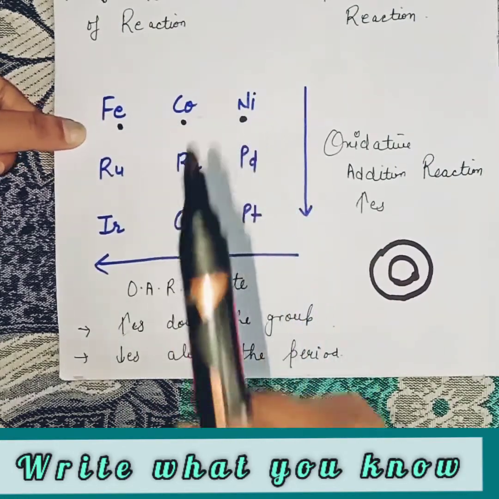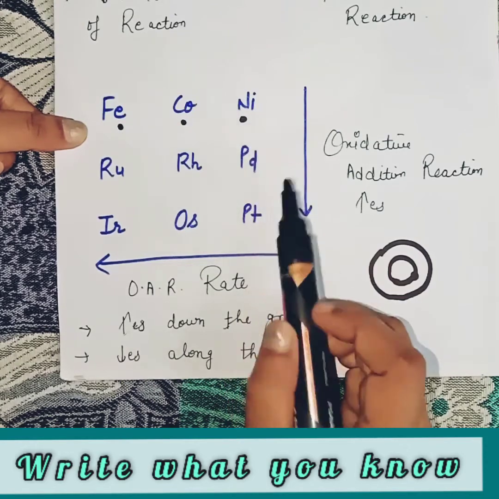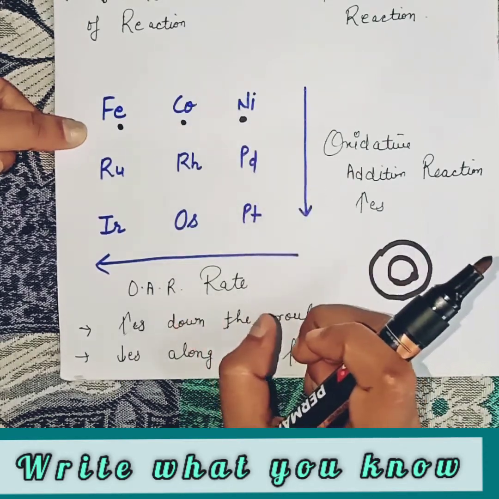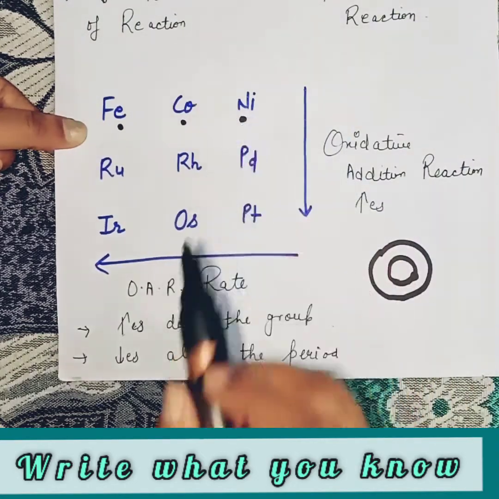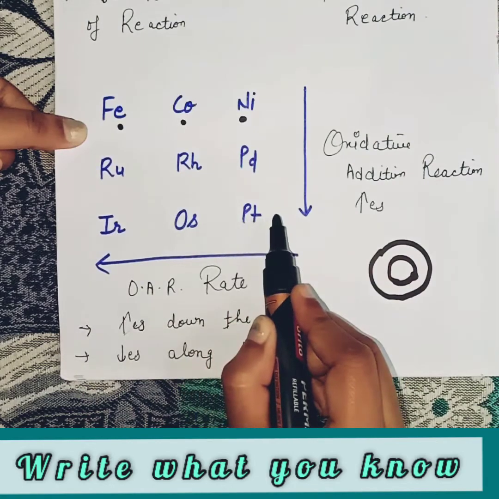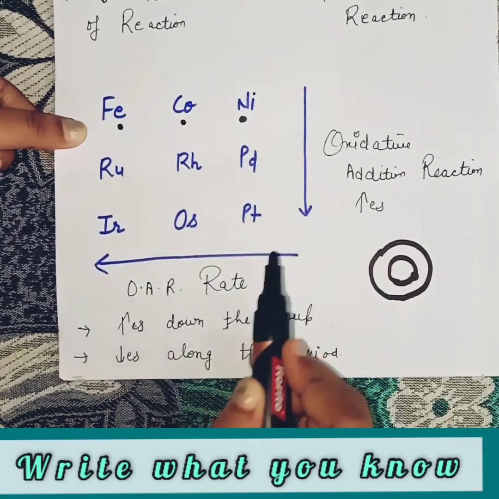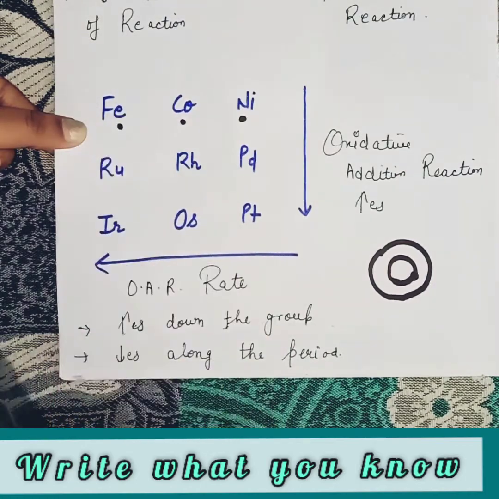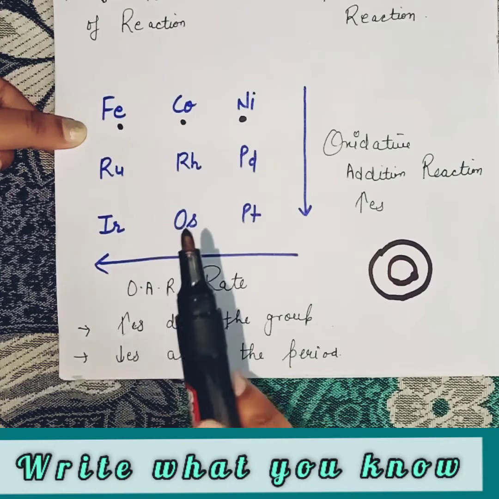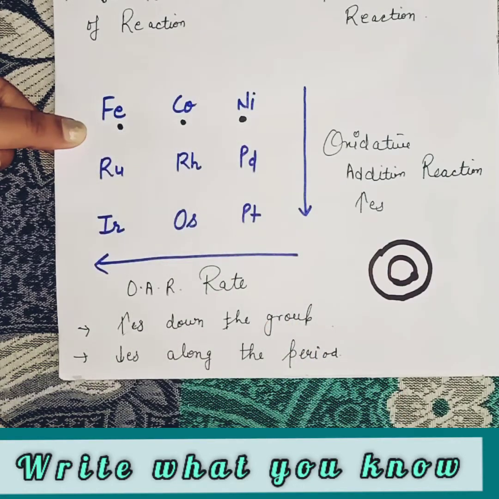If the number of electrons increases, then the hold of the nucleus on electrons, and of electrons on each other in the shells, increases, and if the hold increases, then donation is difficult. That's why it decreases along the period. In this way, iridium, ruthenium and iron have faster oxidative addition reactions than the others along the period.